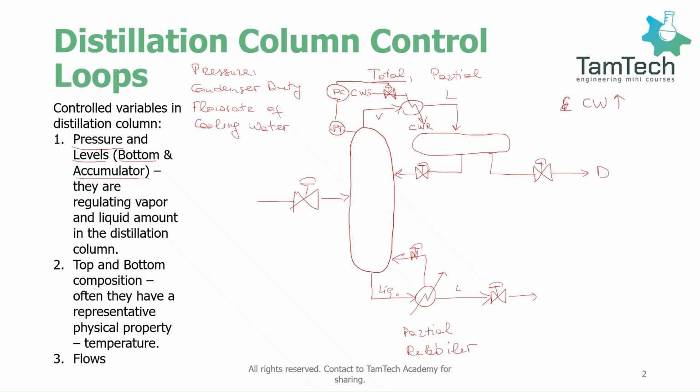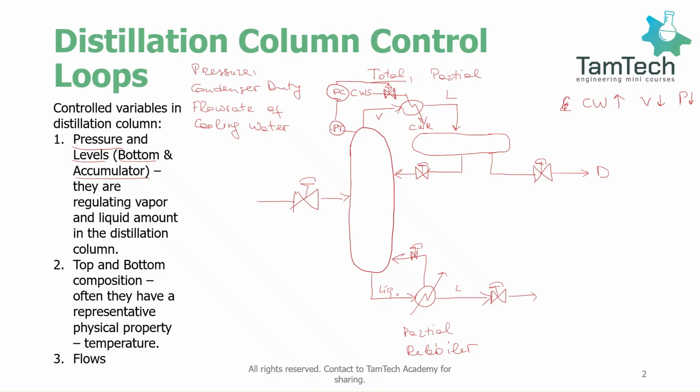So we will have less vapor inside the top product line of our distillation column. And consequently, as it is connected to the distillation column itself, inside the distillation column we will have less vapor. What it means is that we will have less pressure. It has a direct effect on the pressure. So that is one scenario.